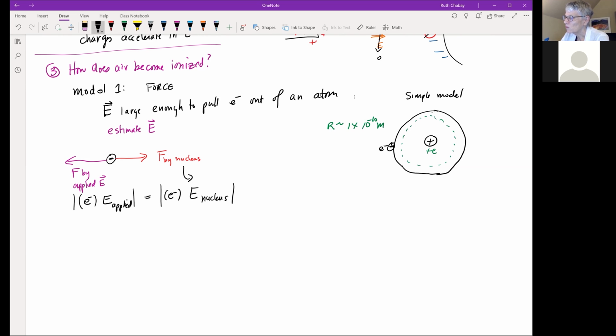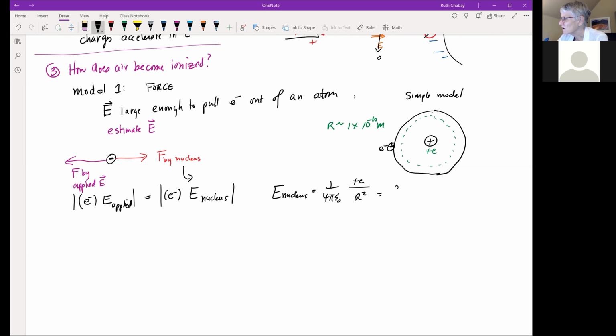This means the applied field would have to be equal to or greater than the field of the nucleus. The field due to the nucleus is just 1 over 4 pi epsilon 0 times plus e, the charge of our nucleus here, over r squared.